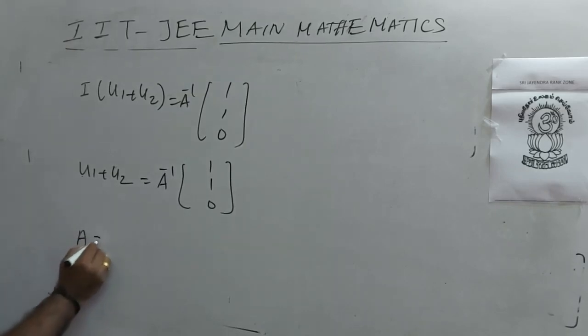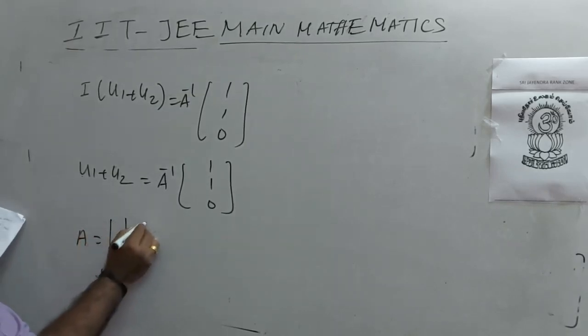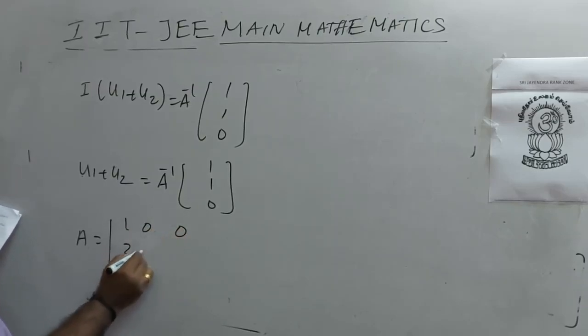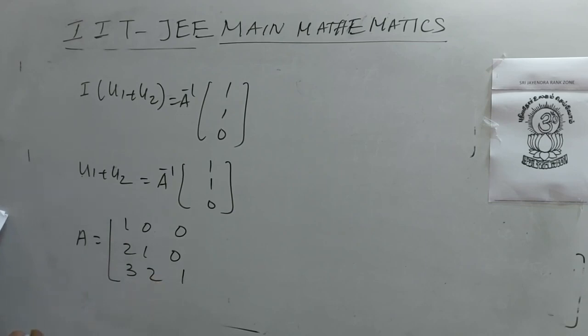So we know that A equal to 1 0 0, 2 1 0, 3 2 1.